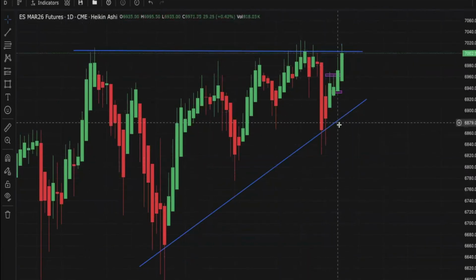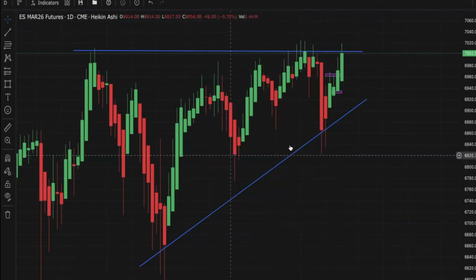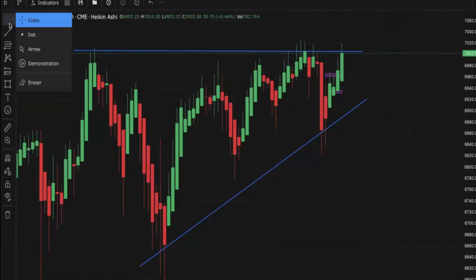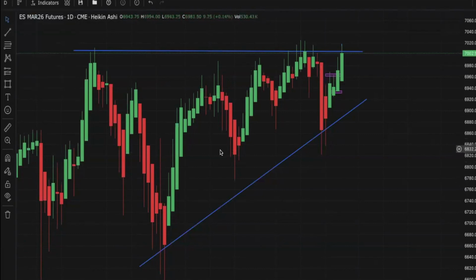If price is above it, let's say for instance right here, it will be considered a support. Let me change that. If it's all the way here, it will be considered a support. So we do have horizontal support, and we also have trend line support, for example, this one.